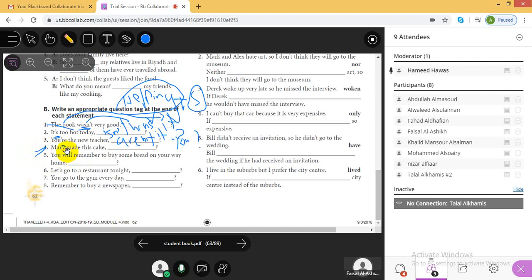I will look at the original tense, made. What's made? It's past simple. So I will use did, but the sentence is positive, so I will make it negative. Because of made, I will use did in negative form. It will be didn't.